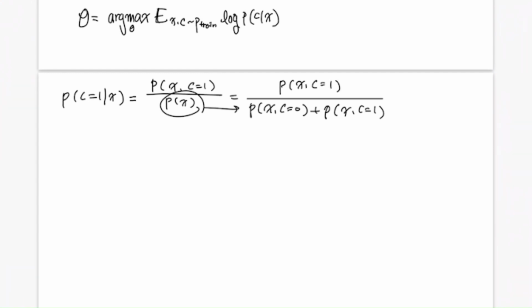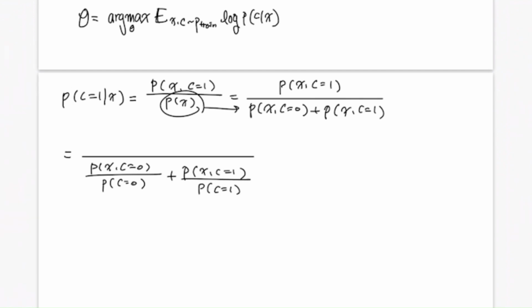Then we can change it to the conditional probability, since p(c equal 1) is equal to p(c equal 0). So in equation form, p(x, c equal 0) over p(c equal 0) plus p(x, c equal 1) over p(c equal 1), and we have p(x, c equal 1) over p(c equal 1). Again, this is because we have the same probability of the class distribution.